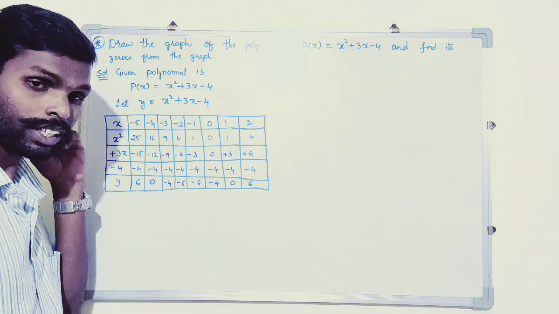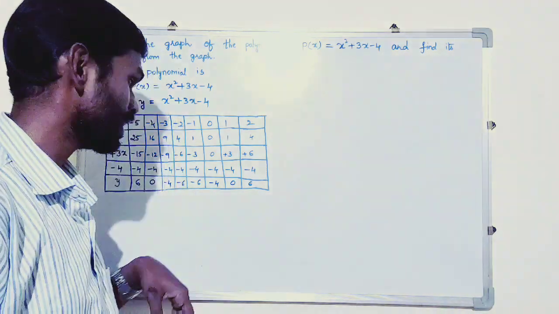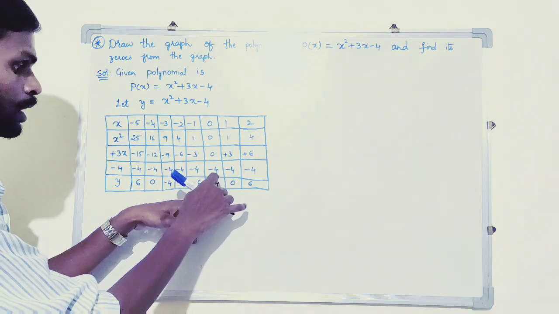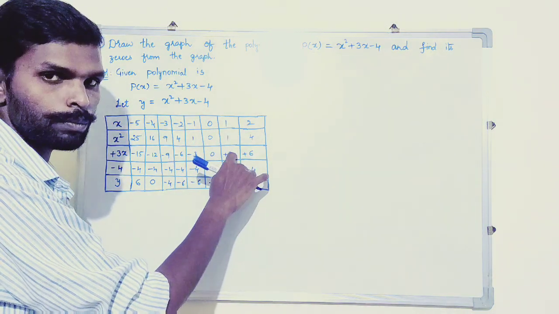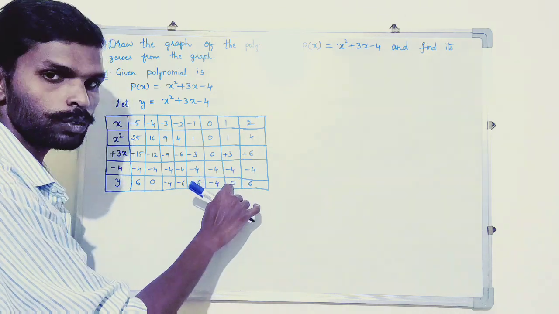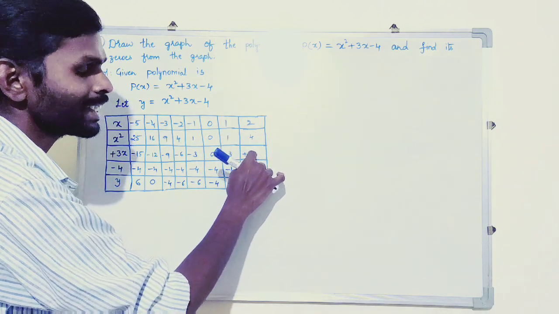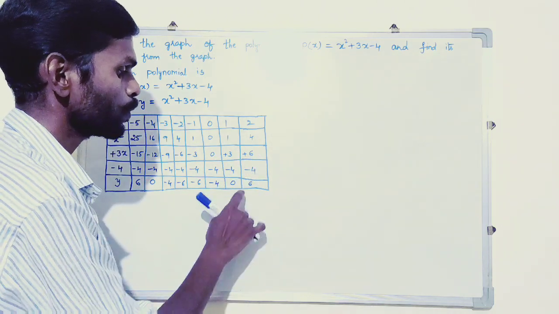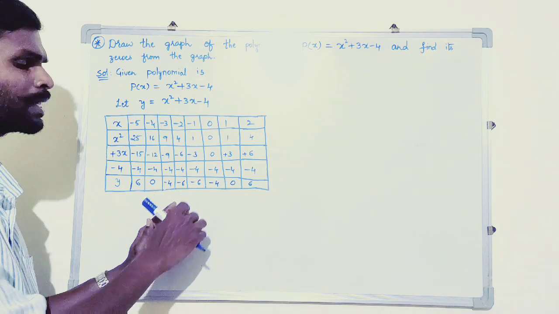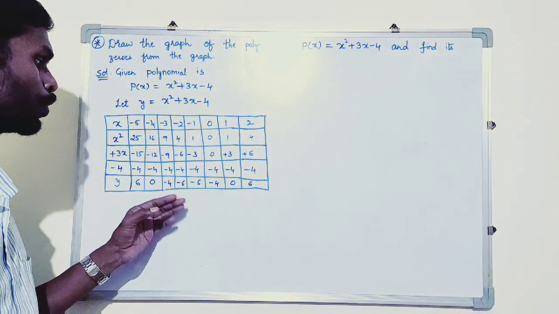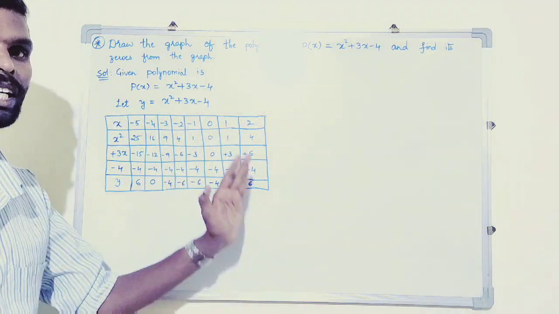Understand? Now we will check whether it is right or wrong. See, 0, 0, minus 4, answer is minus 4. Plus 1, plus 3, plus 4, plus 4, minus 4, 0. Okay. Plus 4, plus 6, 10. 10 minus 4, 6. So satisfied. Whenever any value repeats in this row, you need to take the same values alternatively.